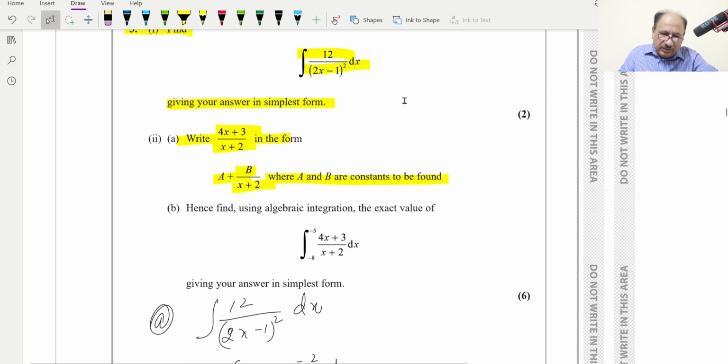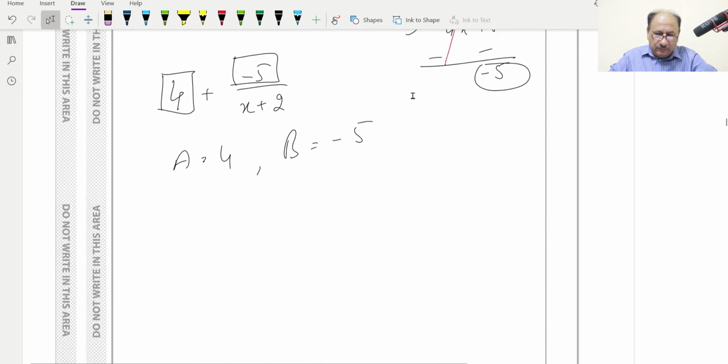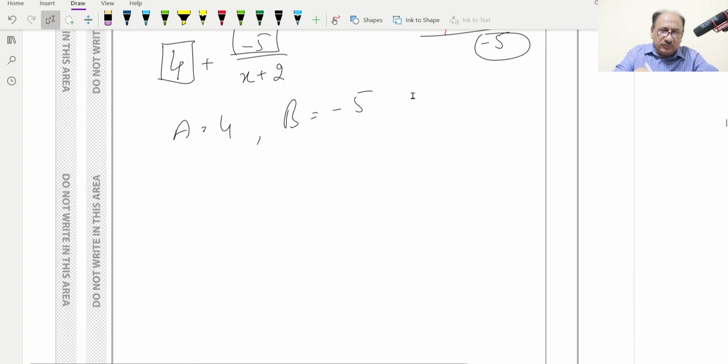Now the second part, b: hence find using algebraic integration the exact value of this, giving your answer in simplest form. This is a 6-mark question, so we'll be using the partial fraction a and b values which we just found.